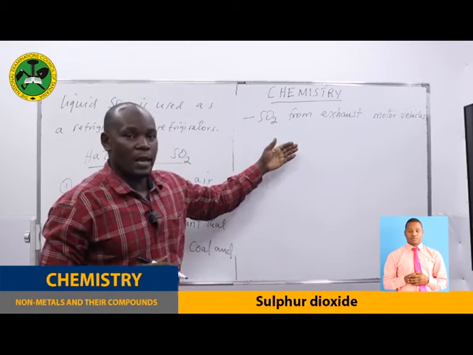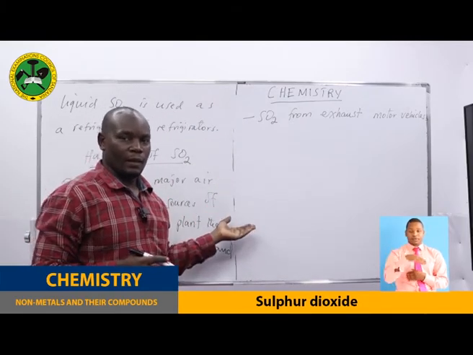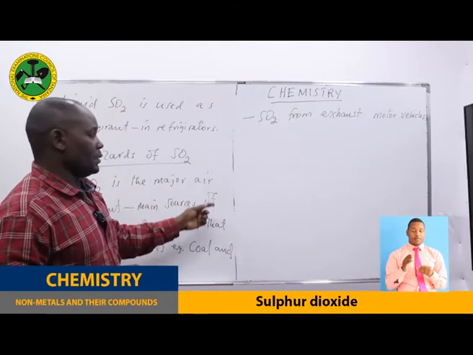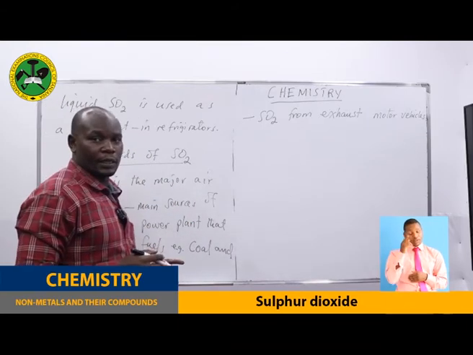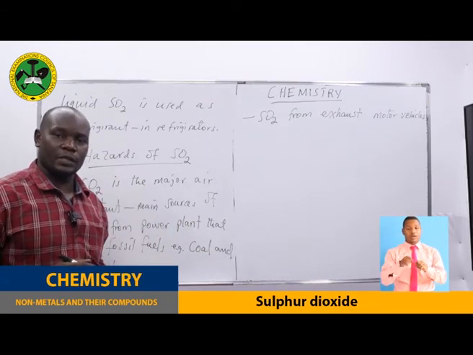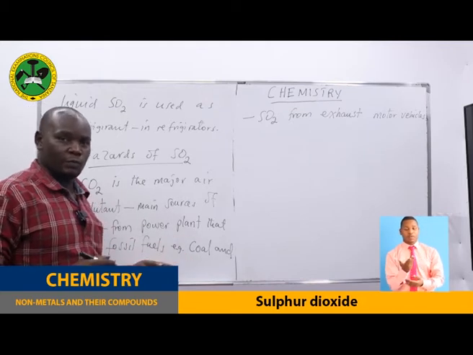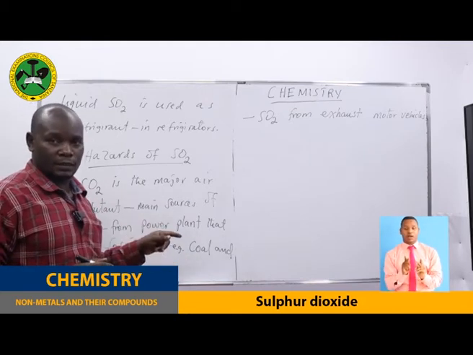They also emit sulfur dioxide into the atmosphere. And as we know, since it's a major air pollutant, it affects the respiratory system, and sometimes it may cause death if it is present in excess.